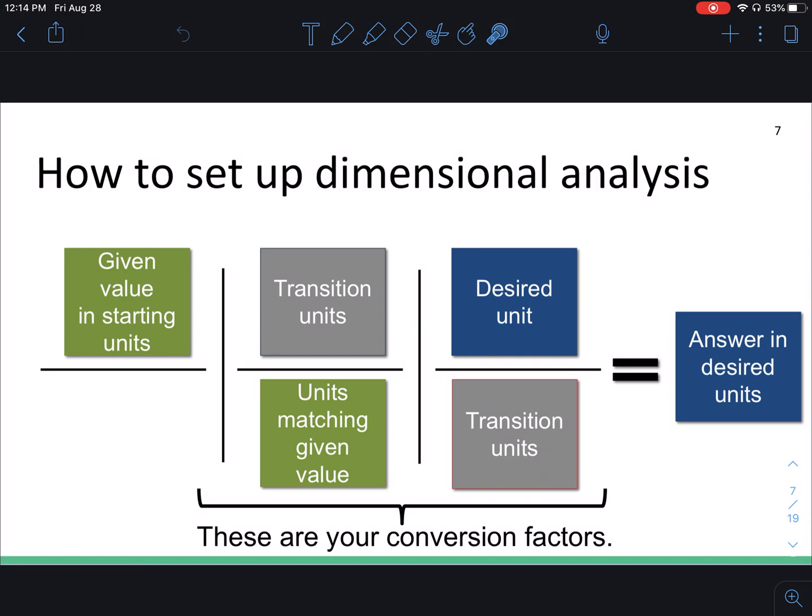That's the only way it can be done. So let's say you start with a unit on the bottom and you want that canceled out, then you need that unit on the top somewhere to be able to cancel it out. But we'll have an example of that very soon.